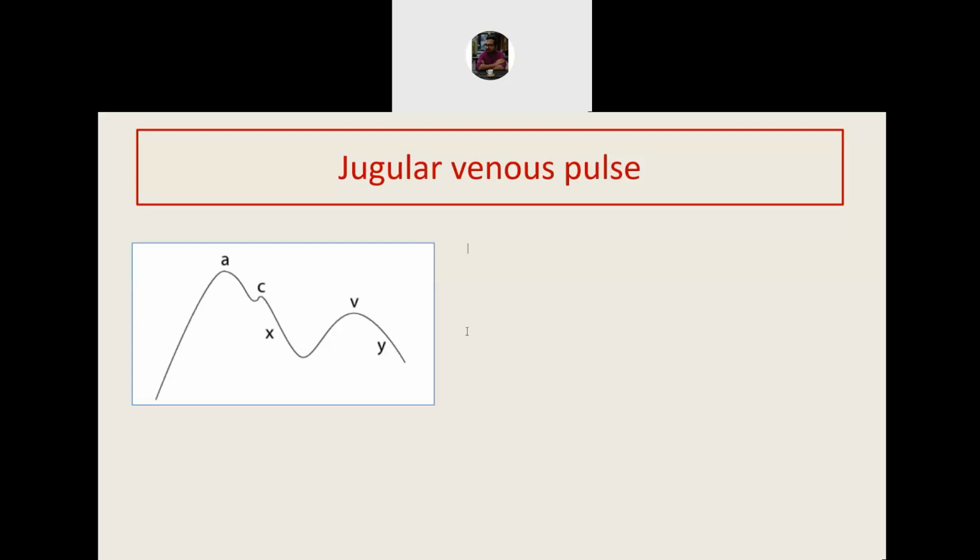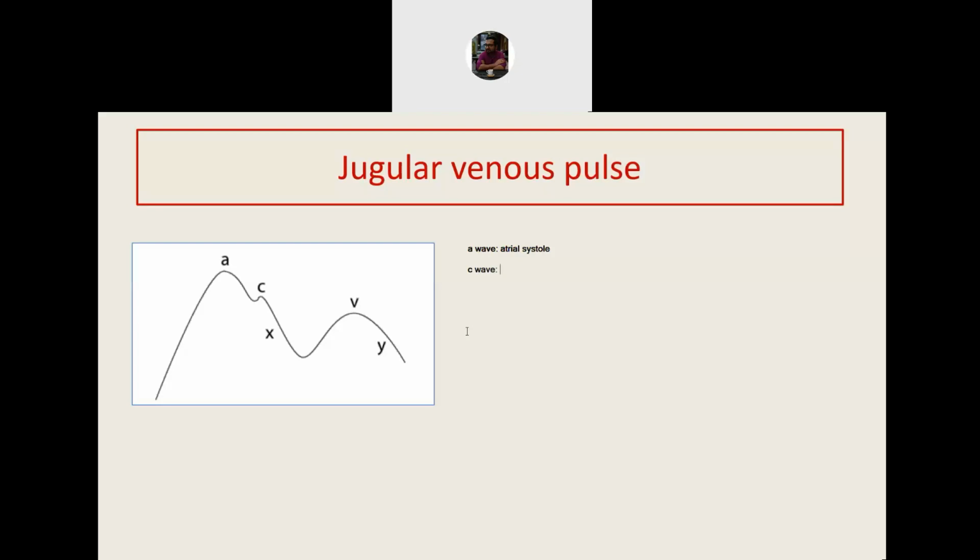The three positive waves are A, C and V, and I am using terminologies that will help you remember the mechanisms behind this. The A wave in jugular vein is caused by atrial systole. The C wave is caused when the ventricle is contracting during isovolumetric contraction and there is bulging of the tricuspid valve into the atrium.